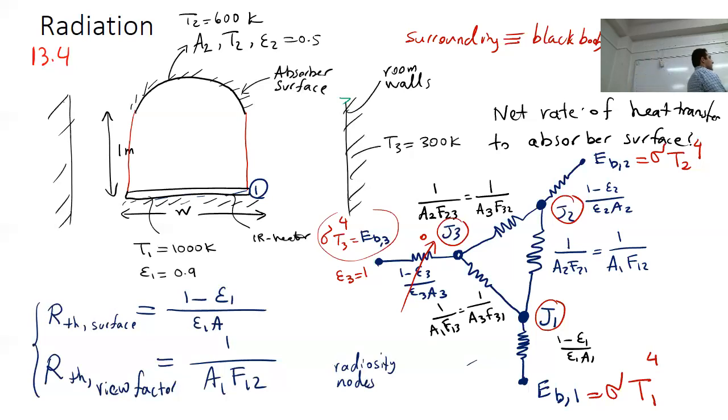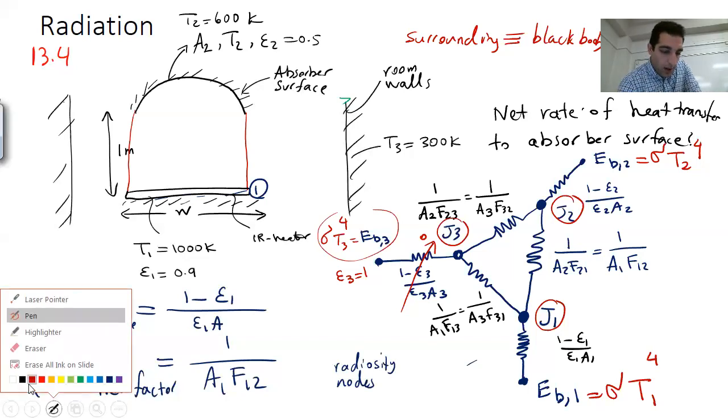Now, once you build your thermal network like this, or any enclosure, any configuration, doesn't matter, we have three unknowns, J1, J2, J3. We need to put a control circuit around those nodes and write three equations. Three unknowns, three equations, then we should be able to solve it.